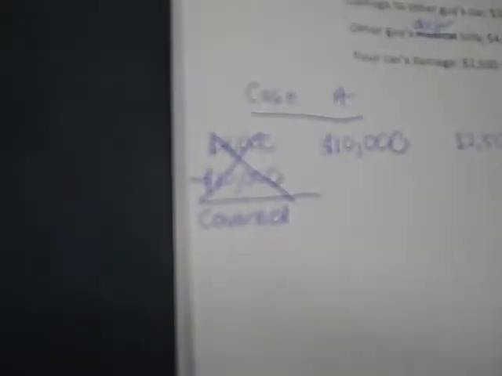Now, there was only one other person in the other car, so we want to go with the 10, okay? So the insurance company will have a coverage limit. They'll pay $10,000. But do they need to pay $10,000? No, they don't, because 4,000 minus 10,000 is a negative. Okay, and since that's a negative, that means this is covered. Okay, that means the insurance company will be able to pay for everything. I won't have to pay anything for the doctor bills.